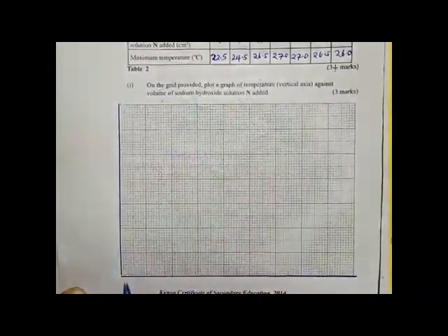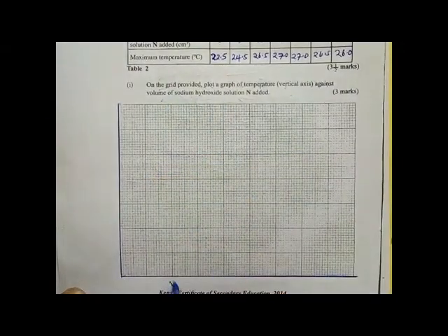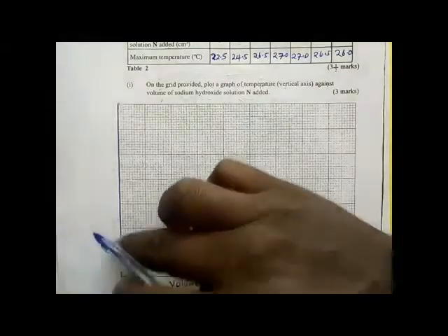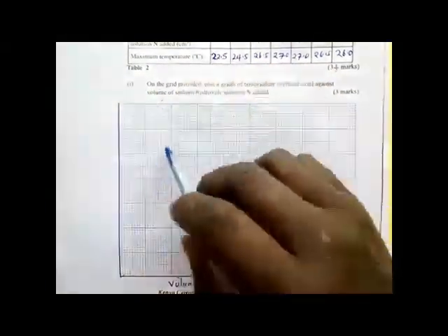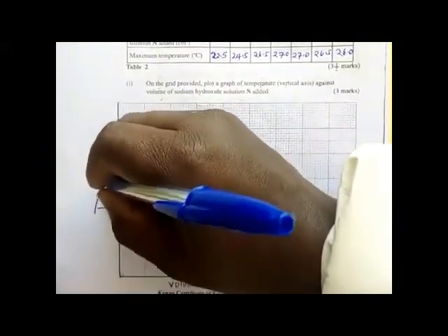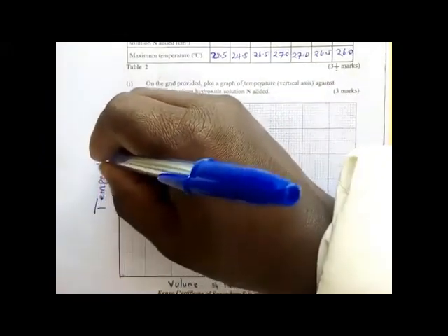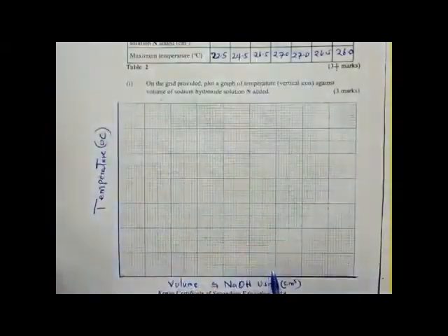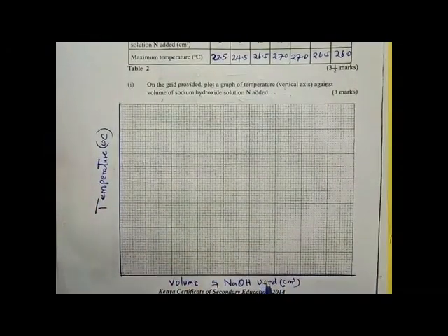So against is the x-axis. Here you write volume of sodium hydroxide used. The volume is in cm³. Here you write temperature, in degrees Celsius. By doing that, you have scored a labeling mark.